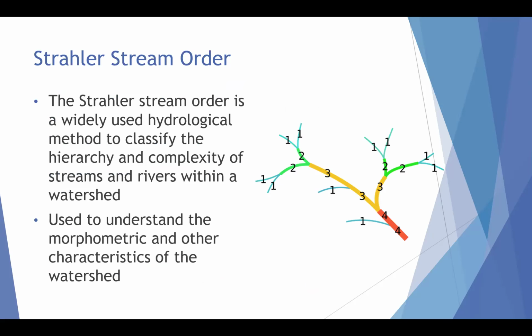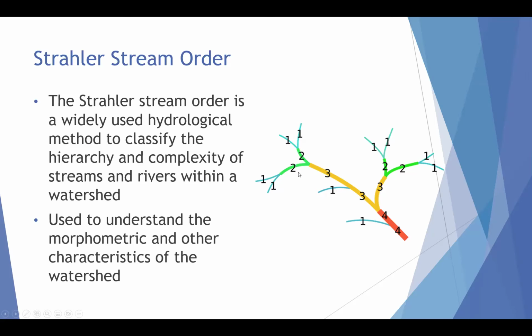It is very simple: this is the part where your stream starts, and those streams are called first order streams. When 2 first order streams meet, they form a second order stream. Here also you can see that when 2 first order streams meet, they become second order.